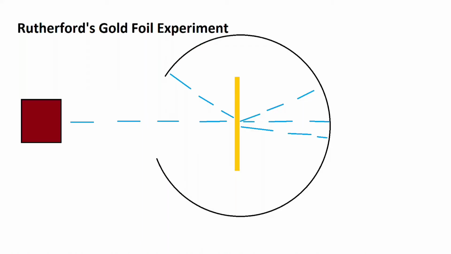The next major experiment in the development of the atomic model was Rutherford, who did the gold foil experiment, where he shot alpha particles at a very, very thin gold foil. Based on the previous models, he thought atoms are solid and the particles would just bounce back.